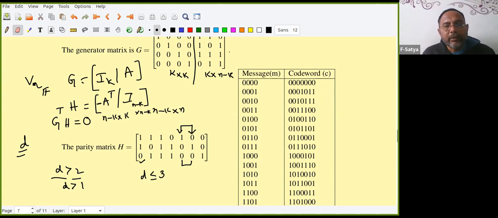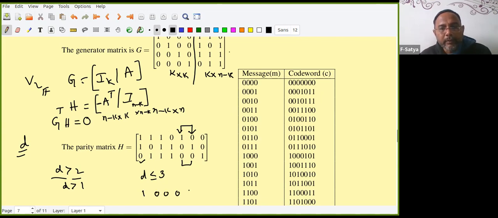Let us work it out slowly. It will be clear to you now, right? For example, you understand that if I add these two, I am getting the first two, right? So can you tell me one code word now by using this information? Is it a code word? Look at this: here 1, 0, 0, 0.